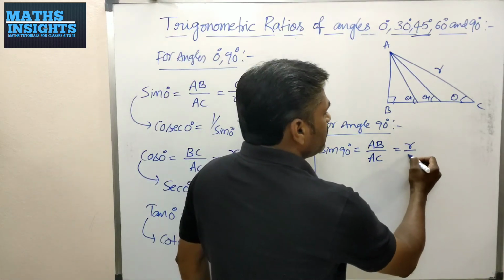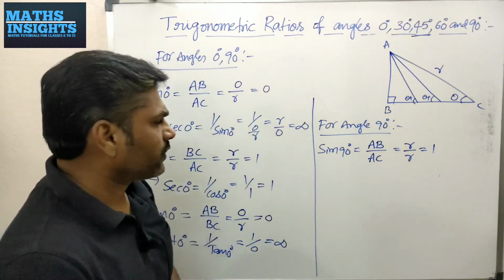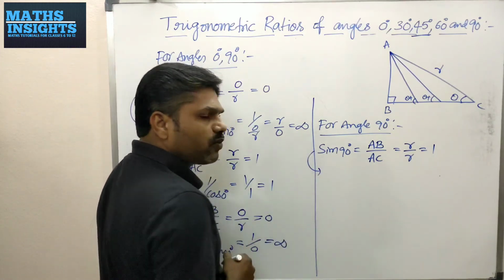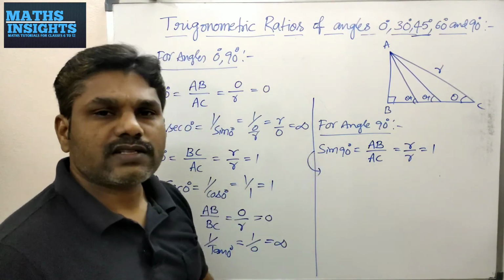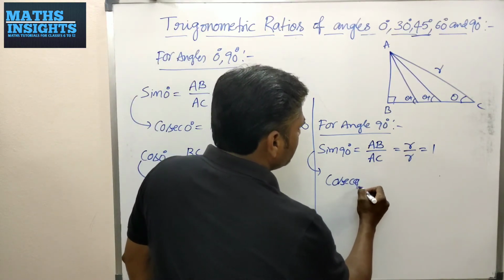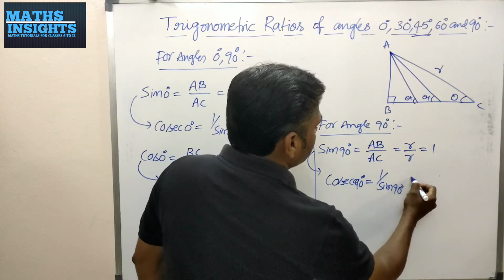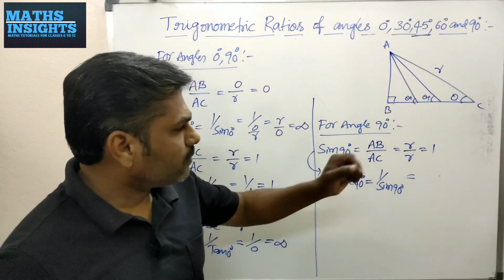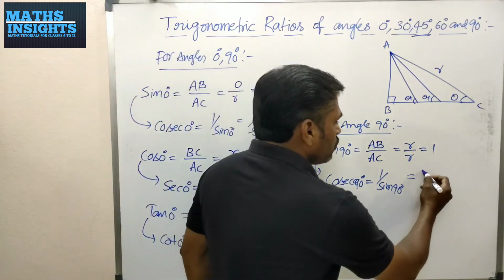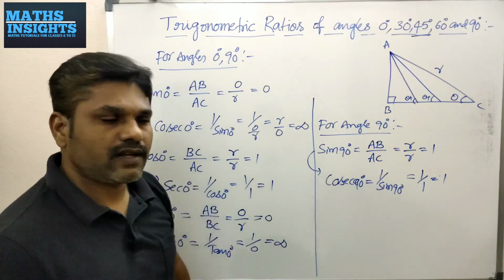Therefore its value will become r by r, which equals 1. Now take the reciprocal of this sine, that is cosecant. All of you know cosecant 90 degrees is 1 by sine 90 degrees, that is 1 by 1, which is again 1. Therefore cosecant 90 is 1.